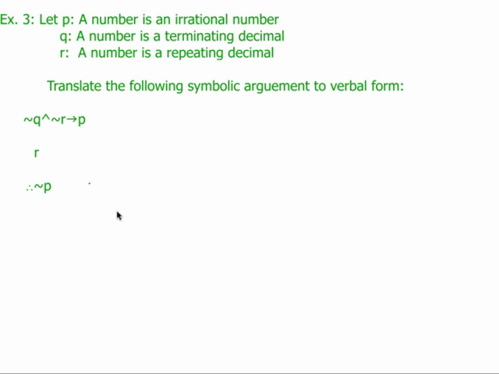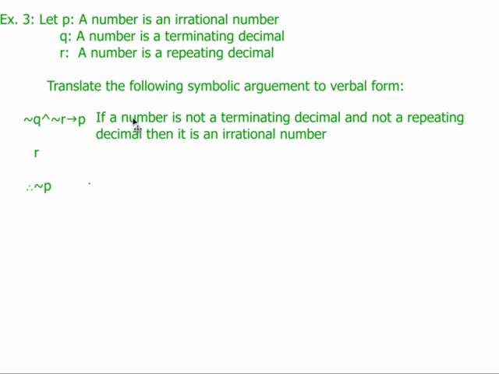Okay, well, this is saying not Q, a number is not a terminating decimal, and not R, a number is not a repeating decimal, implies P, a number is an irrational number. So I can say, if a number is not a terminating decimal and not a repeating decimal, that's this part here, not Q and not R, then it is an irrational number.